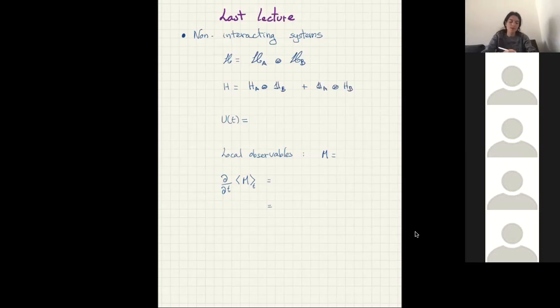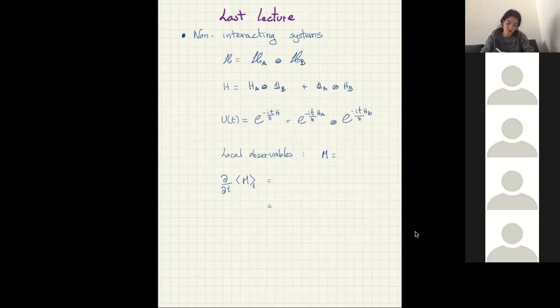And what we saw is that in these cases, the evolution after time t, which is given by U of t, we can really split into these two parts, one for H_A and one for H_B. So this was the result.